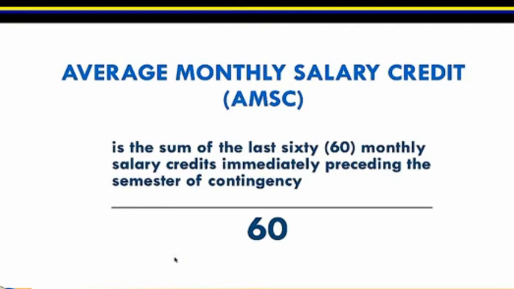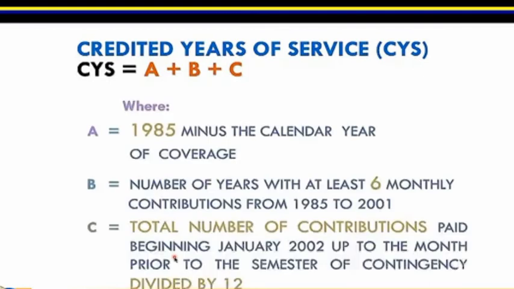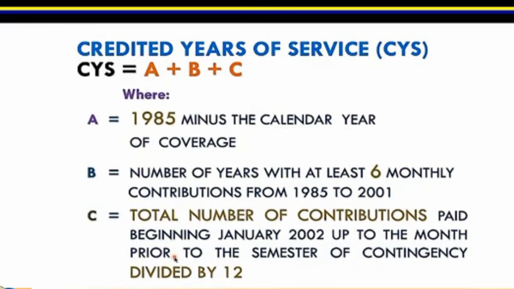Another important factor is the credited years of service, and we compute it as CYS is equal to A plus B plus C, where letter A is equal to the constant, 1985 minus the calendar year of coverage. Letter B, number of years with at least 6 monthly contributions.